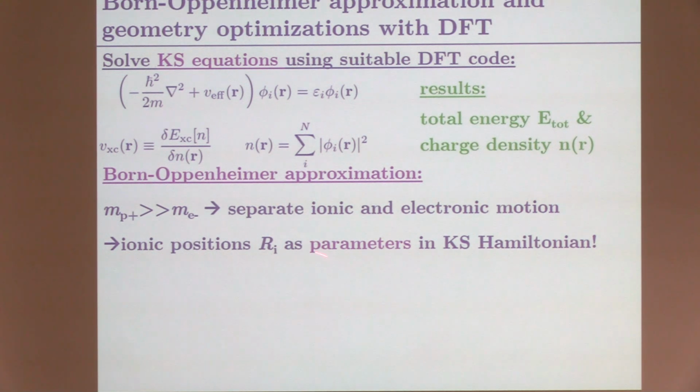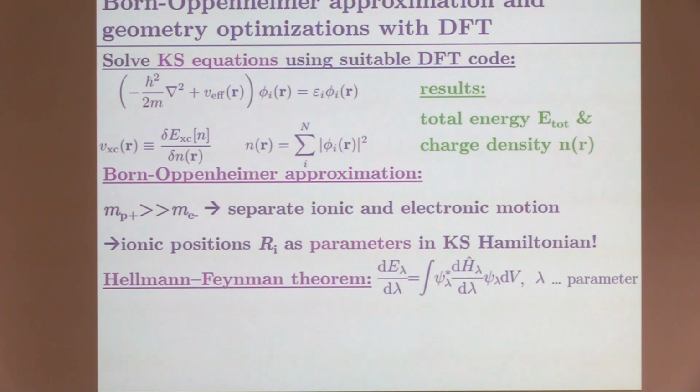And what this implies is that the ionic positions in my geometry enter as parameters into the Kohn-Sham Hamiltonian I have up here. Now, once I assume that using the Born-Oppenheimer approximation, I can use what is known as the Hellmann-Feynman theorem. It comes from elementary quantum mechanics.